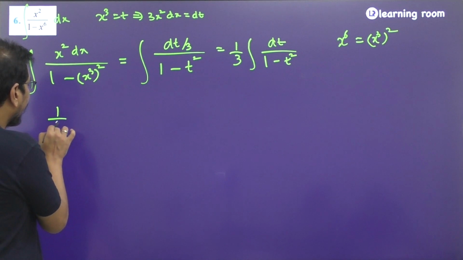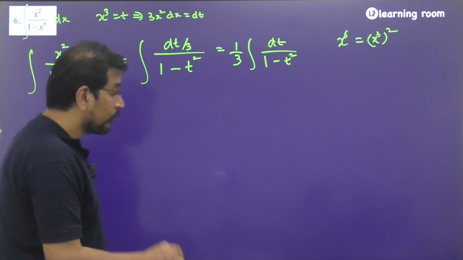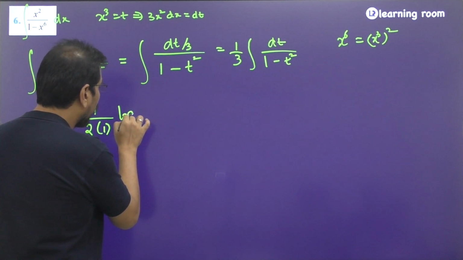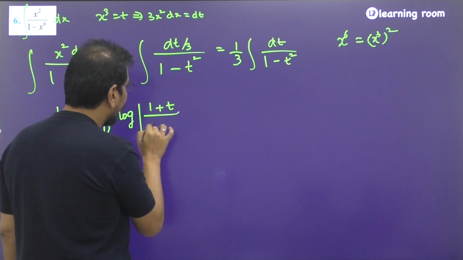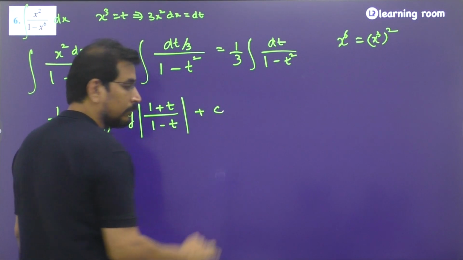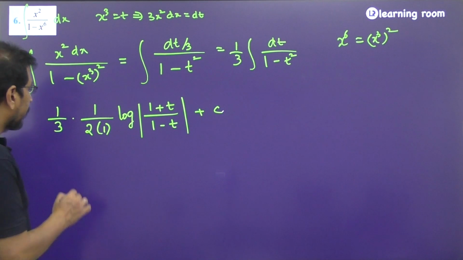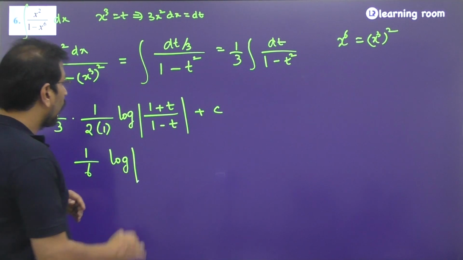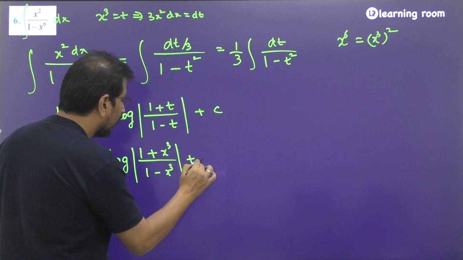So it will be 1 by 3 into 1 by 2a into log of a plus x, that is 1 plus t divided by 1 minus t, plus c. So it is 1 by 6 into log of 1 plus x cube divided by 1 minus x cube plus c.